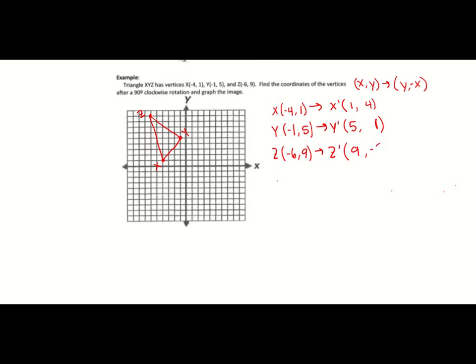Switch my coordinates, multiply by -1, makes it positive. So now I'm ready to graph my new image. I'm going to go 1, 4, x prime, 5, 1, and 9, 6. This is my triangle, rotated 90 degrees clockwise.